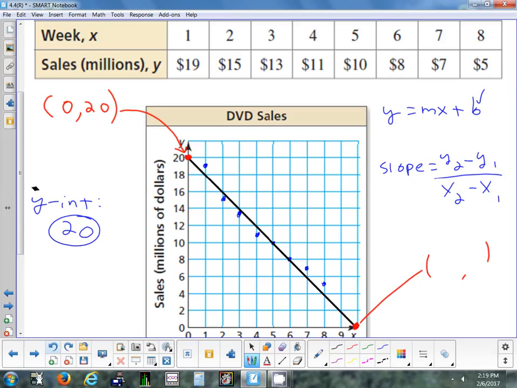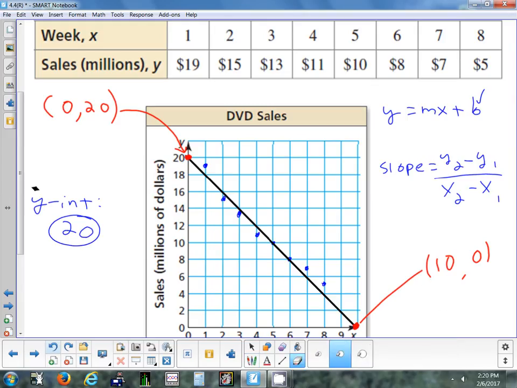Well, 0, 0 would be over in the lower left. So I heard a couple. Yeah, I think it's about 10, 0. Right. So let's take these 2 coordinates.